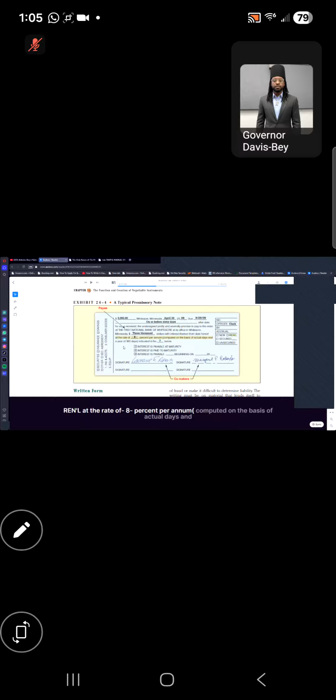Because we read in the first and last week that in the UCC it don't always have to say check on it to be a check. That's in the UCC. So you got to know a check when you see one, not when it says it's a check.